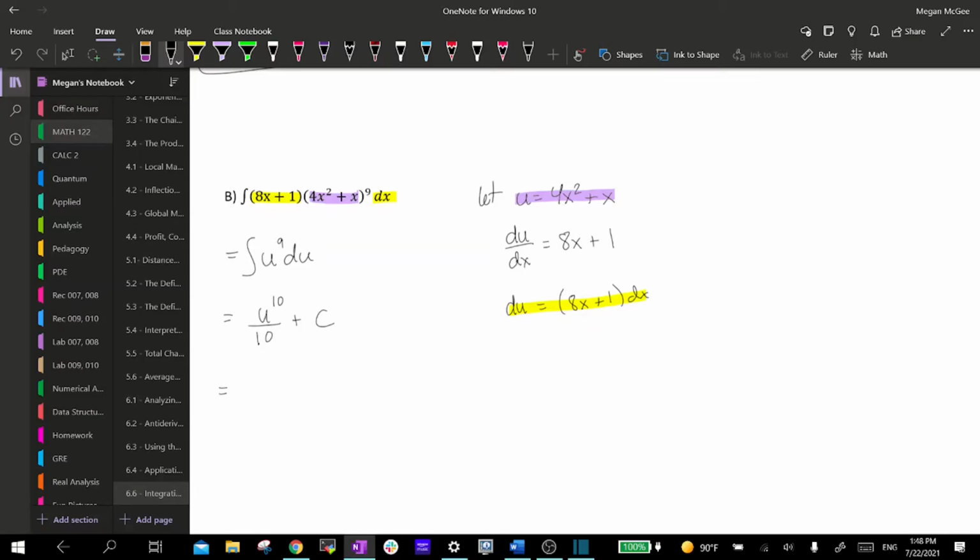And then we need to back sub. So we need 4x squared plus x raised to the 10th power, all divided by 10 plus c. And that is our final answer.